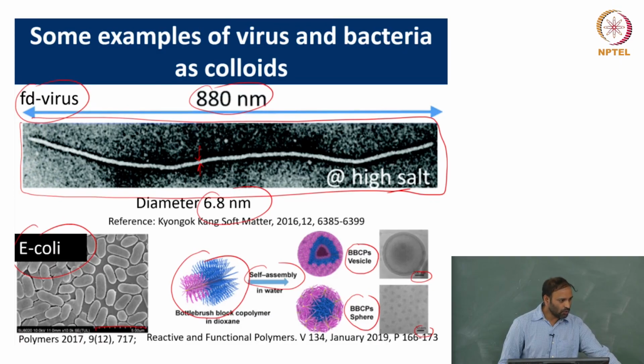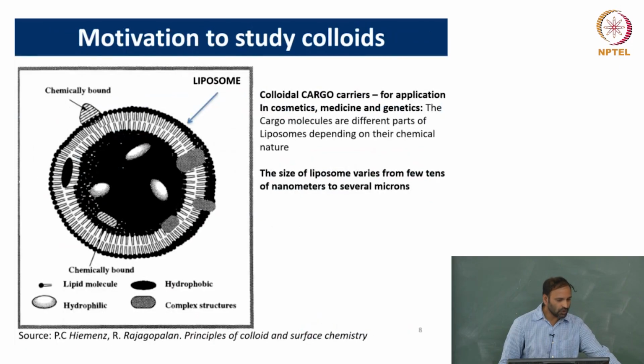Now, to further motivate you why people are looking at colloids, you will see several examples where people talk about drug delivery. People are using some kind of containers for drug delivery. One common kind of container which is used a lot in such applications is something called a liposome.